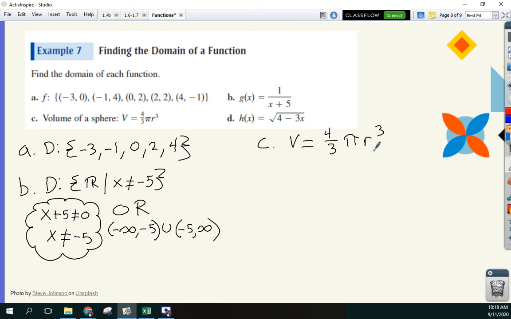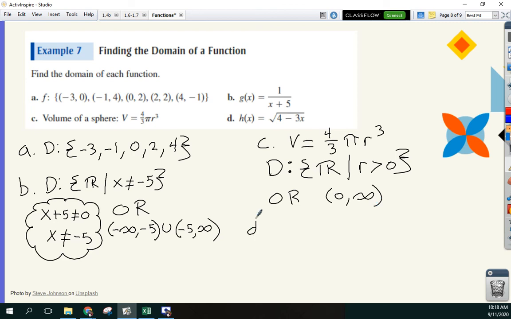However, because I'm saying that V equals the volume of a sphere, that means that my r equals the radius of a sphere, which means that I can't have 0 or a negative in my r. So for my domain, I'm going to say that it's all real numbers such that r has to be greater than 0. Or the other notation would be 0 to infinity.